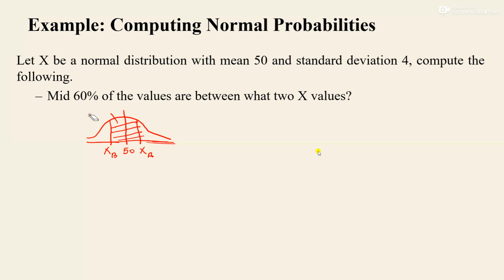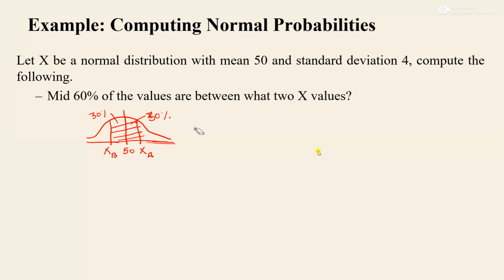It is 30% on each side. So one value is greater than 50, the other value is less than 50.